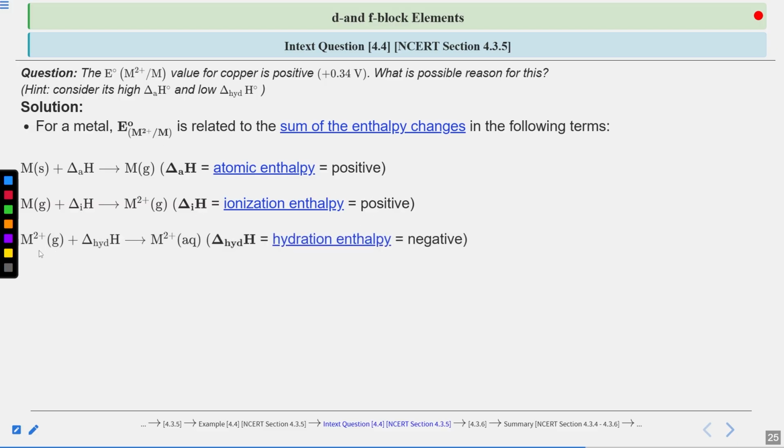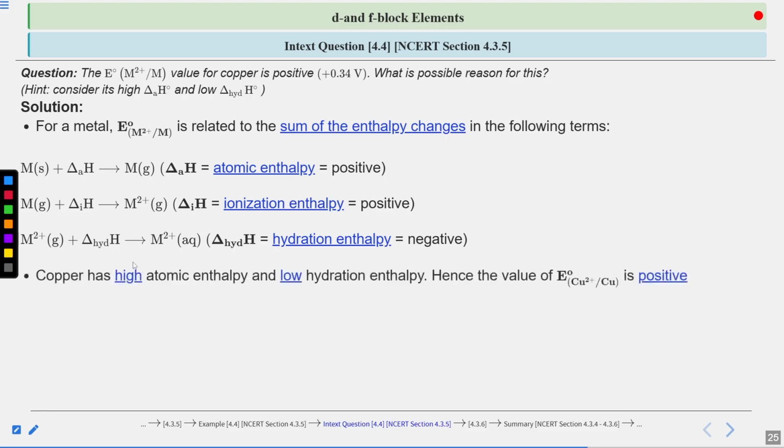Again, the M2 positive in the gaseous form uses the hydration enthalpy, which is negative here, to convert to the M2 positive in the aqueous form. The sum of these enthalpy changes is related to the E naught of M2 positive to M. So copper has a high atomic enthalpy and low hydration enthalpy.